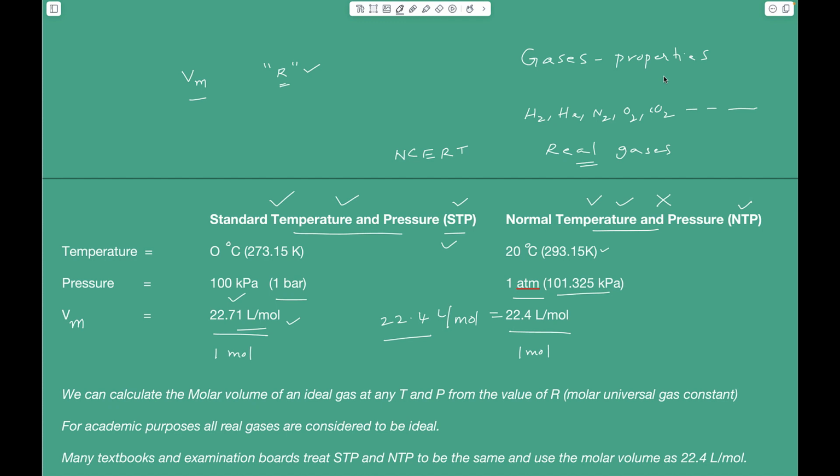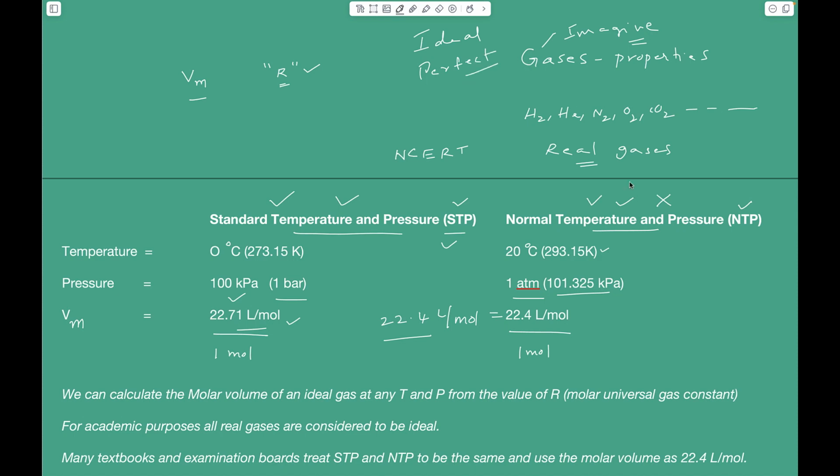Then, where do I find a gas that meets or satisfies all my expectations? You cannot find such a gas in reality. You can only imagine such a gas. Such an imaginary gas that meets all our expectations is called an ideal gas or a perfect gas.